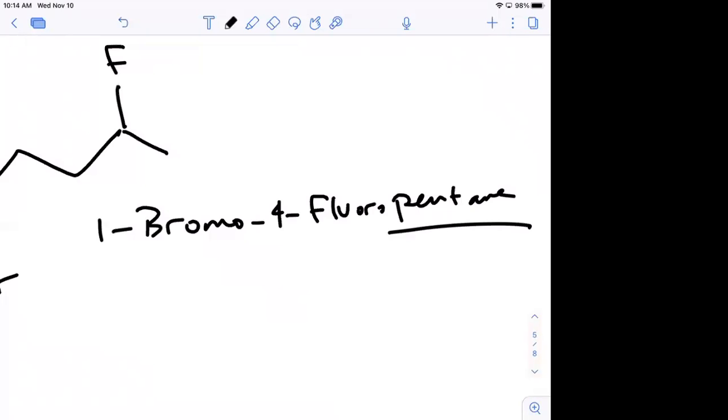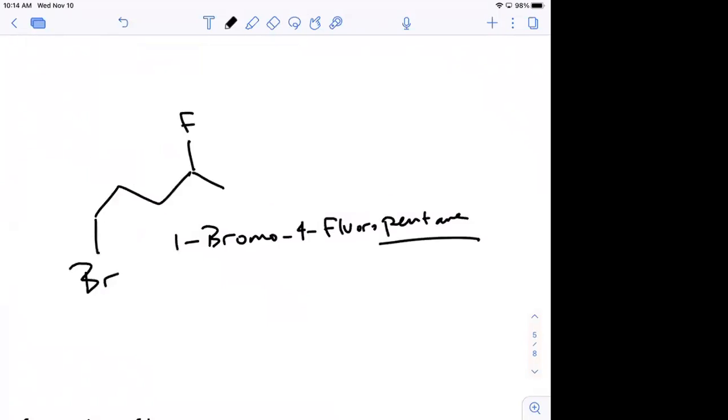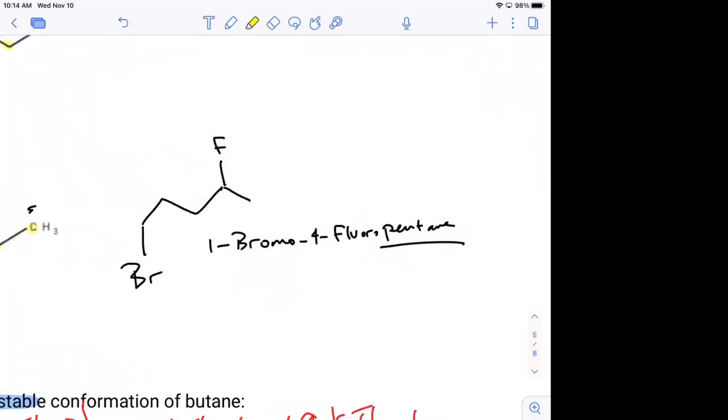Pentane is the parent, 5 carbon chain. You got a substituent on carbon 1 and carbon 4, and you list the substituents in alphabetical order. So B comes before F. So it's 1 bromo, 4 fluoro, pentane.